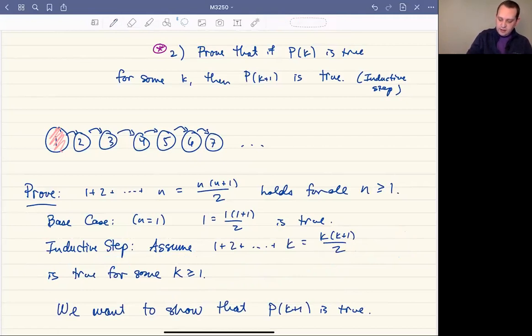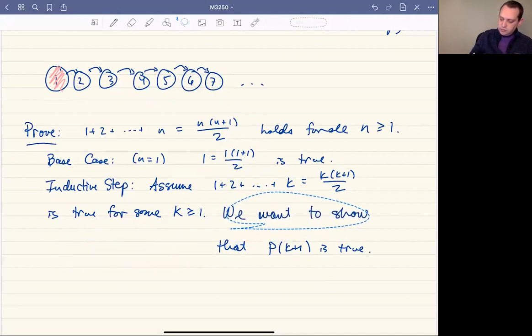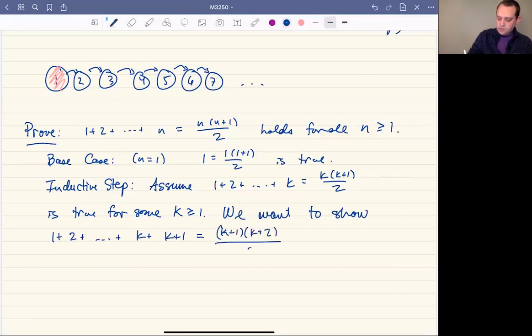And then given that, sorry again to rearrange here, we want to show that P of k plus 1 is also true. So what that means in our case is we want to show what the statement says when n is equal to k plus 1. Well, we want to show that 1 plus 2 all the way out to k plus 1 is equal to k plus 1 times k plus 2 over 2.